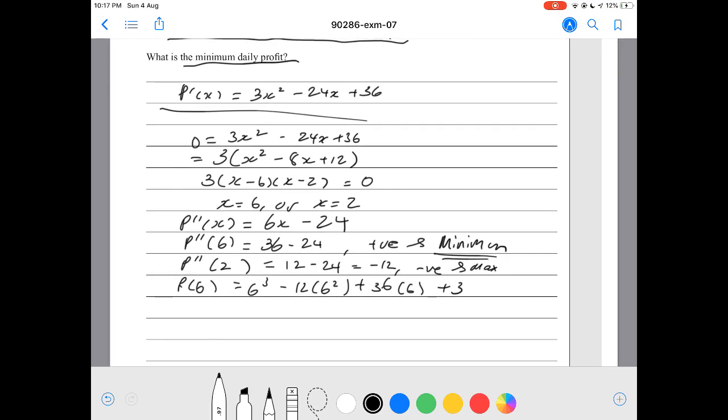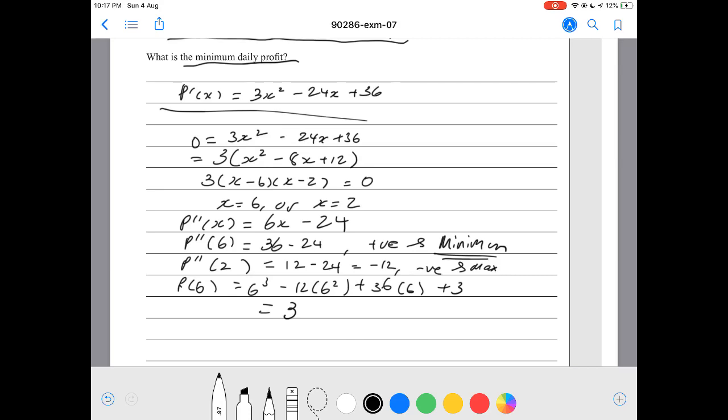Alright, so we're just going to check our answer. Just use our calculator. 6 to the power 3 minus... so you should get your answer as equal to 3.